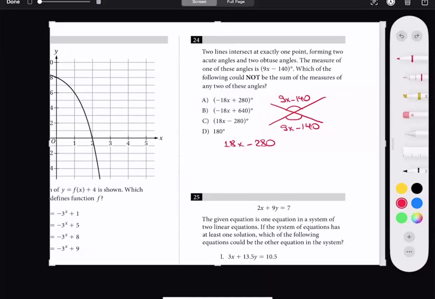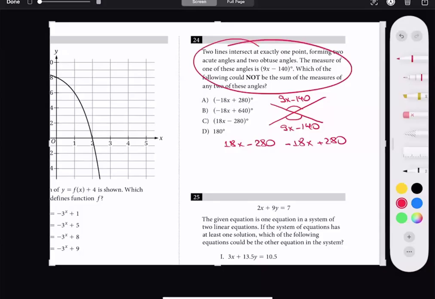So, do you consider that one needs to be equal to the other to do 0 or not? Just that it has to not be 0. Like it has to equal 360, and it also can't be negative. So if I do minus 18x plus 280, I don't have what he described here.